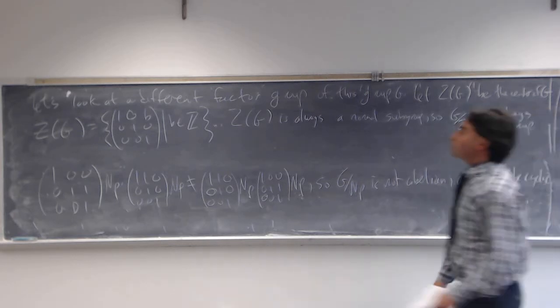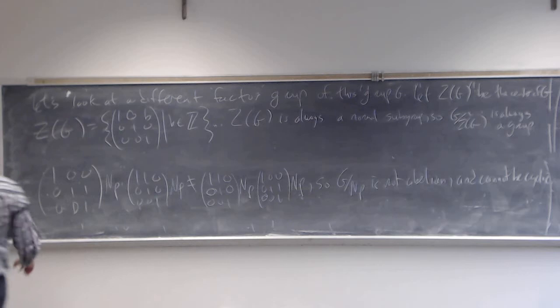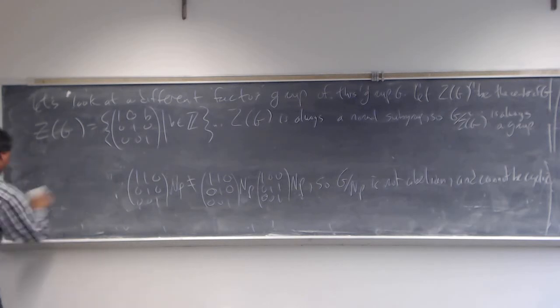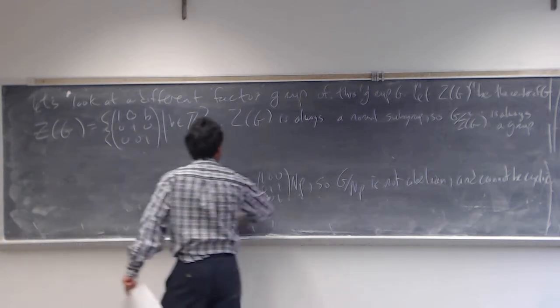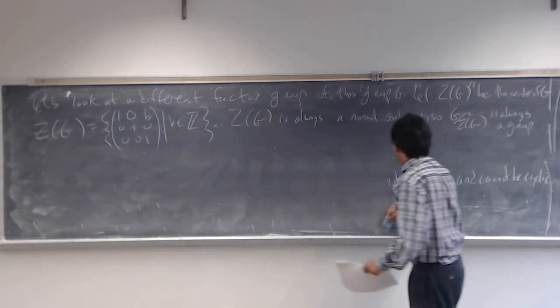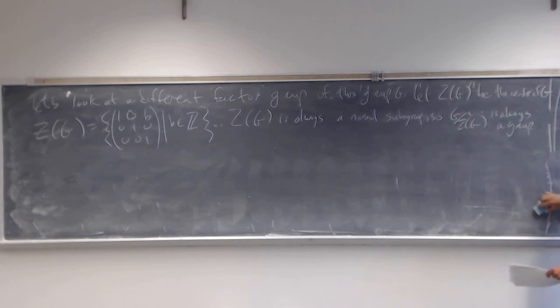So again, to show this, we'll show double containing. We'll first show everything in that form has to be in the center, and then we'll show everything in the center has to be in that form. And one of those is a little bit quicker to show than the other.